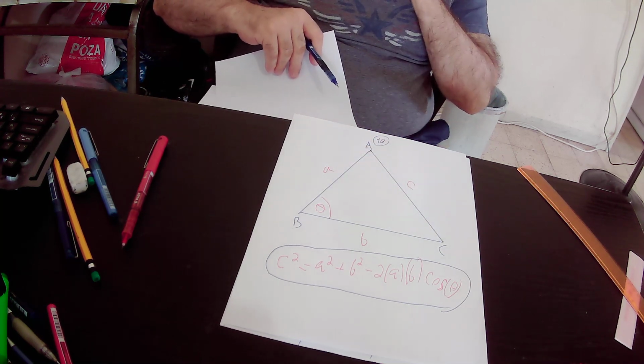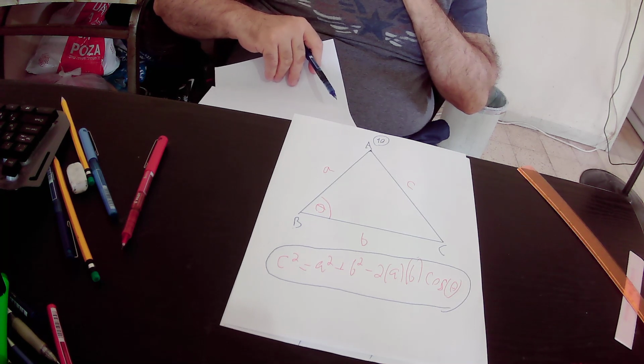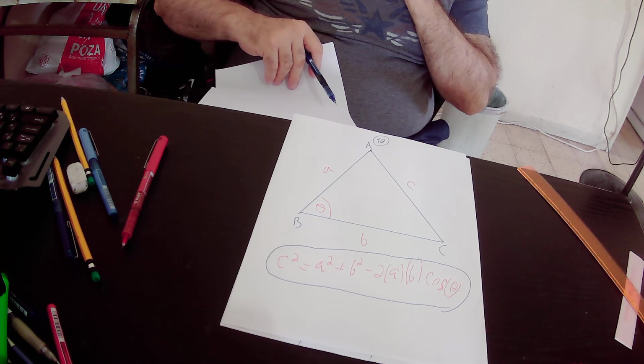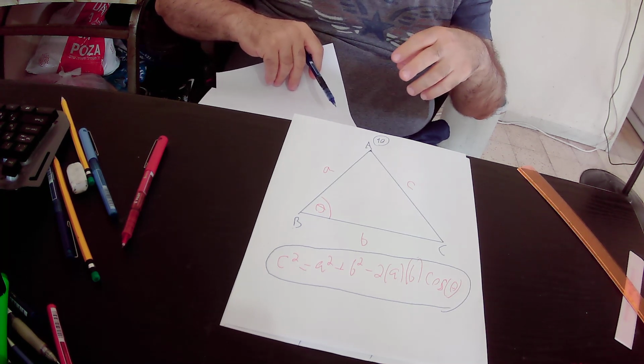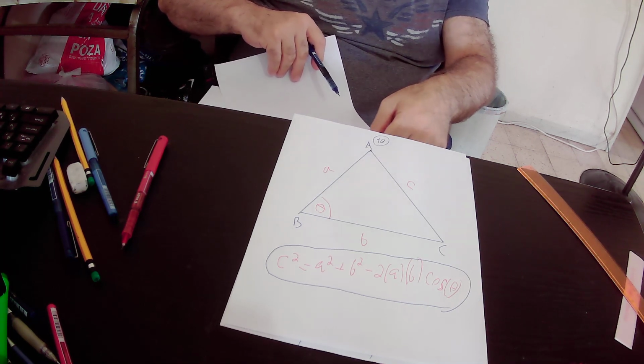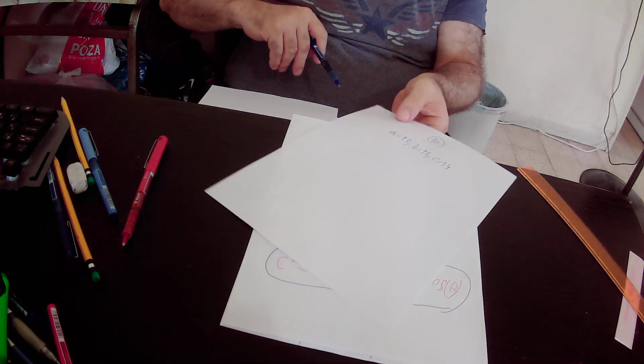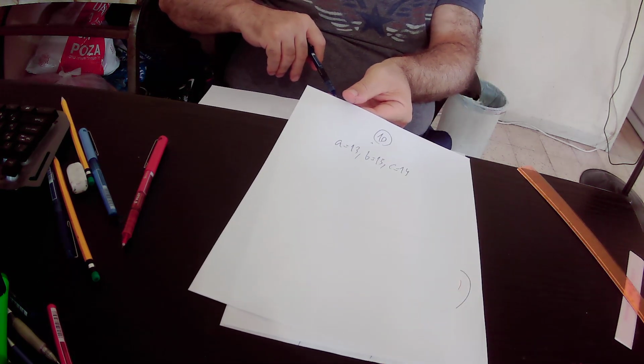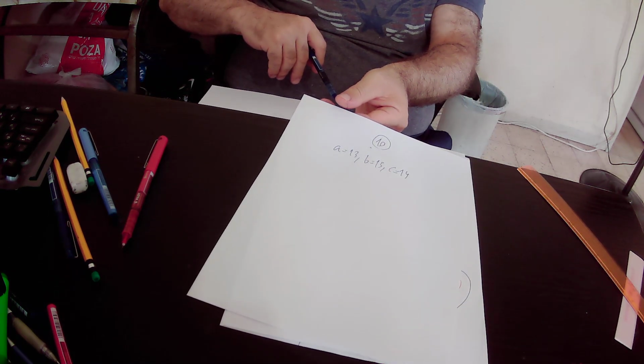So we will put the data inside this equality and we find out the value of cosinus theta. Okay, we know that A equals 13 units, B equals 15 units, and C equals 14 units.